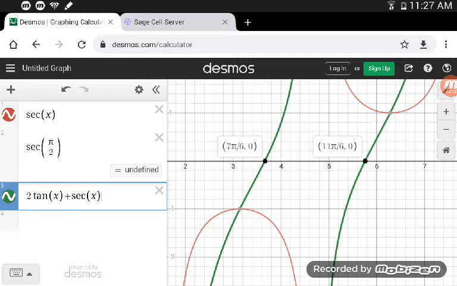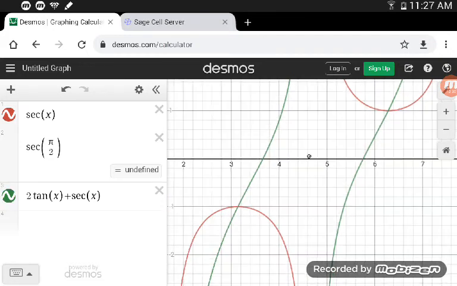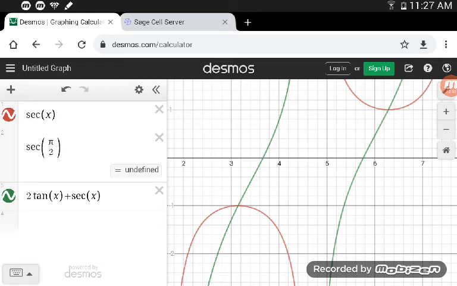Okay, so there we have it again. We had this portion was 0 at 7 pi over 6 and 11 pi over 6. It was undefined in here somewhere.